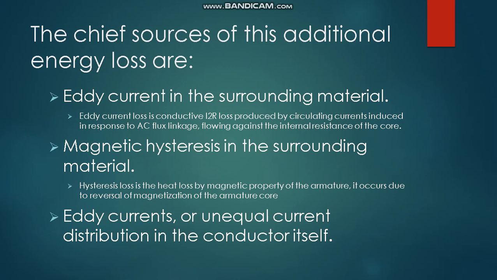As you can remember, the eddy current and hysteresis were reported in our midterm. The eddy current loss is the I squared R loss produced by circulating currents induced in response to AC flux linkage, flowing against the internal resistance of the core.